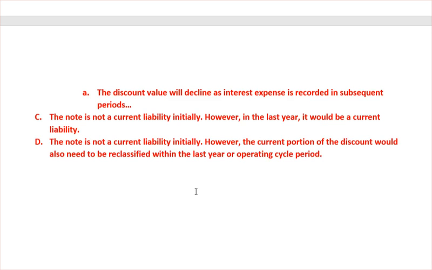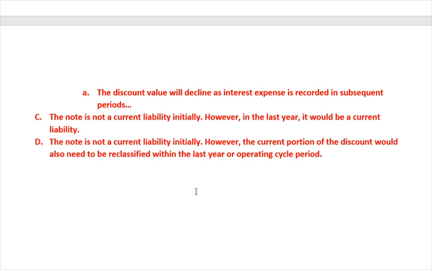And that has to be reclassified. And you also need to do it for the discount. So you need to take the discount, figure out how much of that is going away in the next year, that is the current part of the discount, and you have then the face value, how much of the face value is going away in the next year.